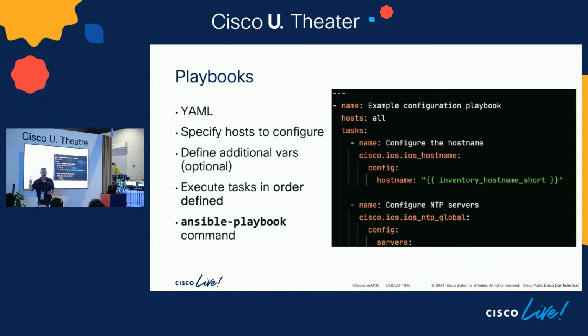The tasks will be executed in the order defined. So caution, when you're beginning your automation journey, you probably want to have something like a digital twin or a virtual device set up that you can run your playbook on. Because, for example, does anyone know what happens if you define an IP address for a device and then configure that interface for VRF forwarding?